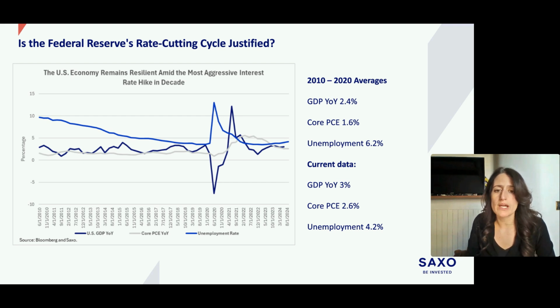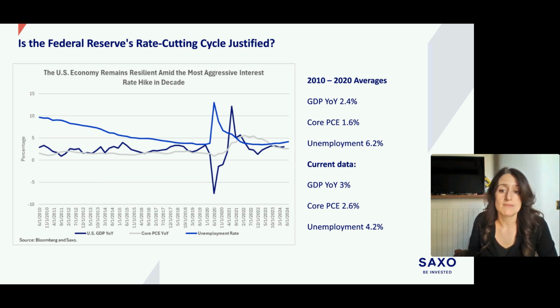And when I look in this case at the US economy, what do I see? That unemployment has risen, and it has risen to 4.2%. But when I look at the averages between 2010 and 2020, I see that unemployment within that period of time was above 6% on average.